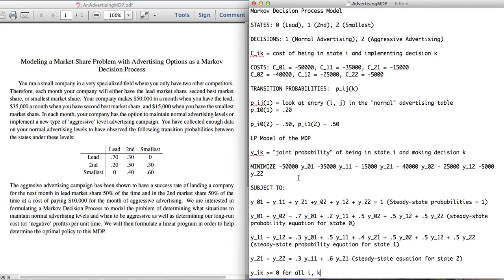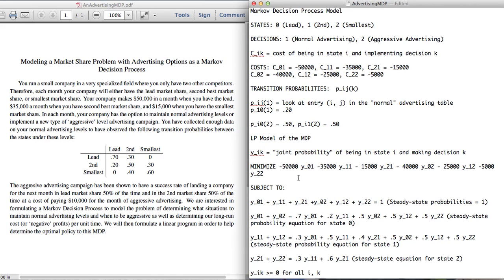And what is interesting is that we have 3 positive y's and we have 3 states. So for each state, at most one of the YIKs can be positive, and whichever one is positive is the decision that we would implement in that particular state.